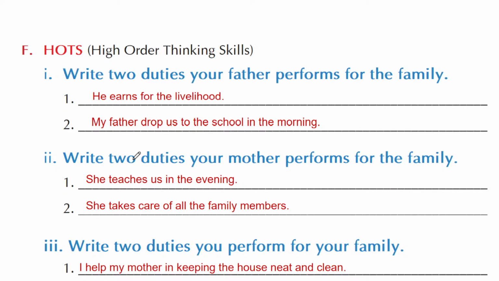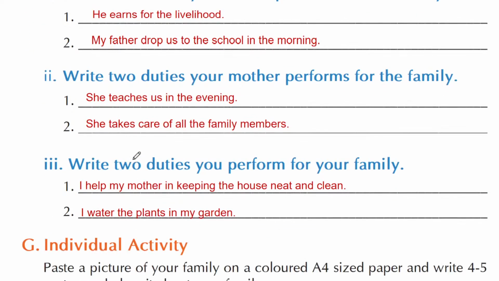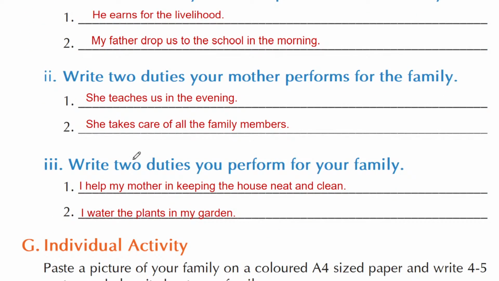Now in second number question, you have to write down 2 duties your mother performs for the family. I have written she teaches us in the evening and she takes care of all the family members. In the third question, you have to write down 2 duties that you perform for your family. So whatever work you perform for your family, you can write down here.